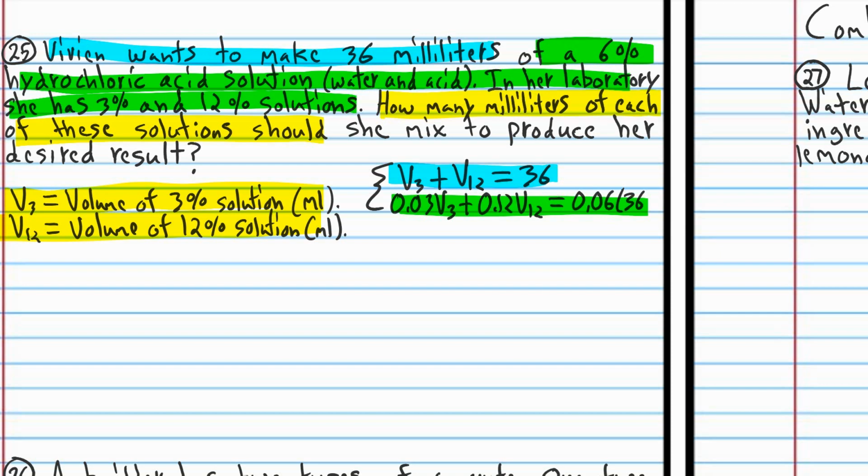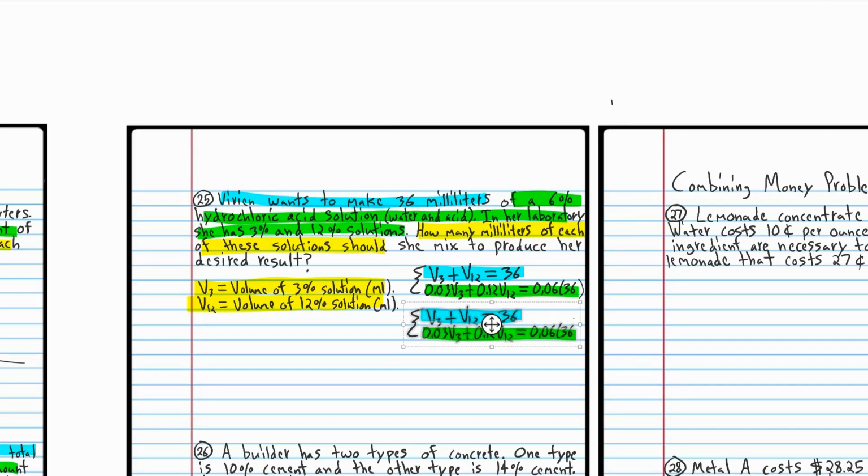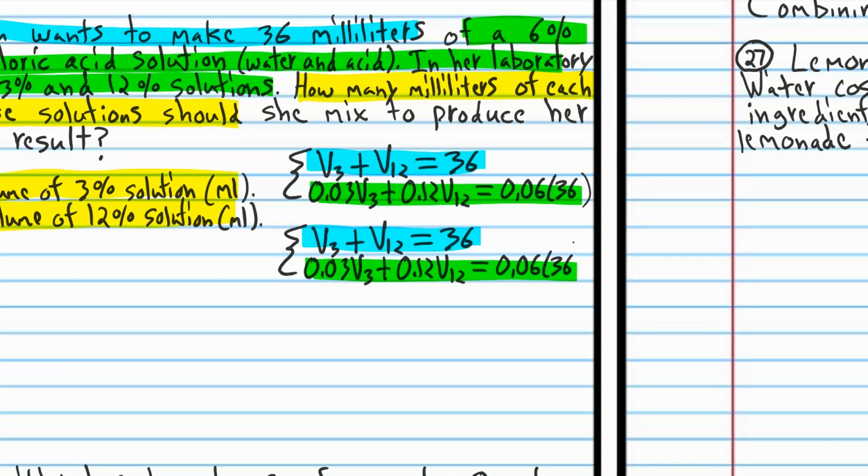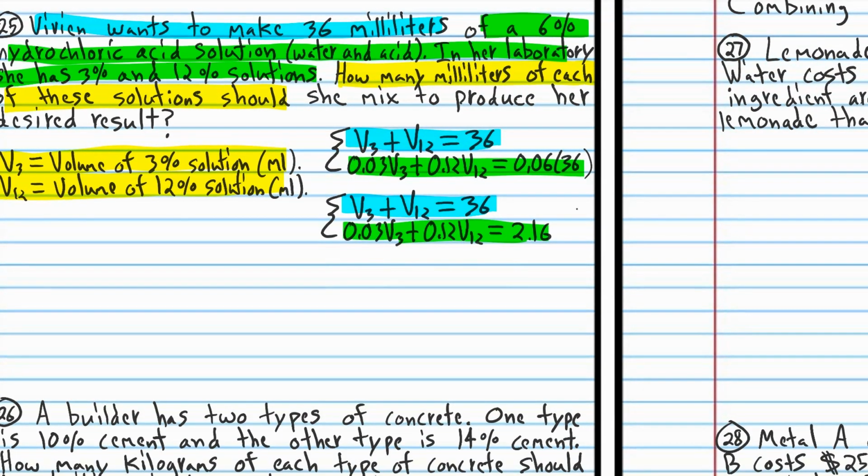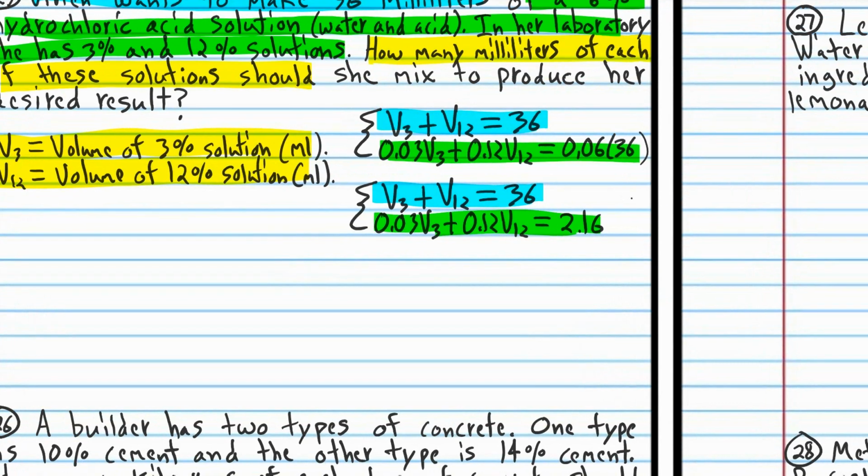So first step, we'll simplify 0.06 times 36. You can get the calculator for that. 0.06 times 36 is 2.16. So now we've got standard form equations, which means there's no variable isolated. We have to use elimination.